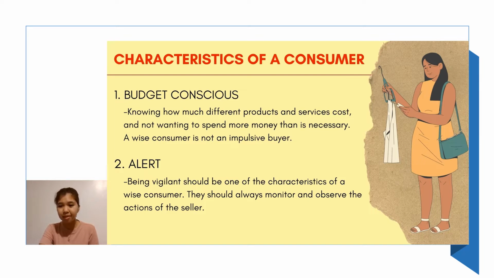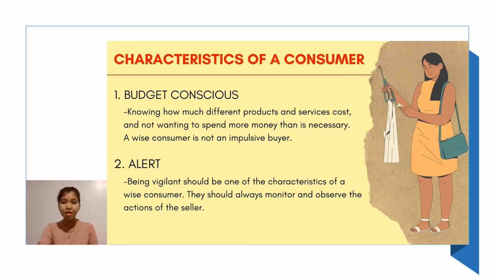So, to help you become a budget conscious consumer, it is highly recommended to buy things when it's on sale because you can save a lot of money due to the giveaways and the advantages that the sellers would give to us. Okay, class?